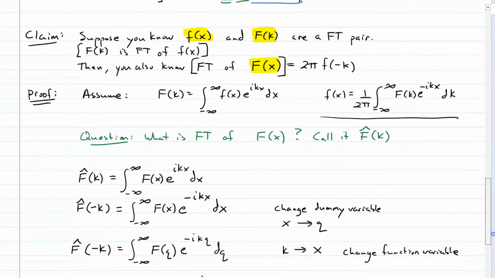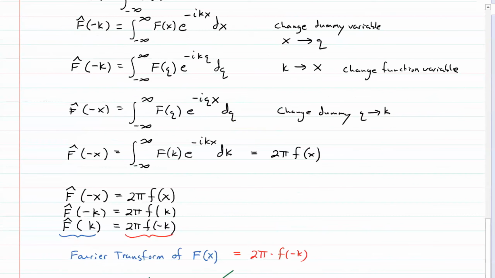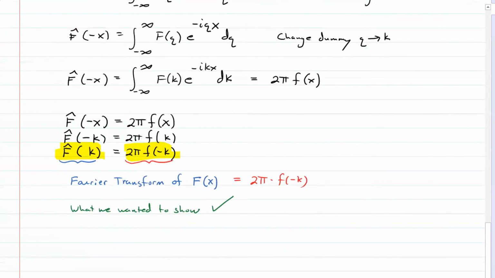The Fourier transform of capital F of x, here, that's what we called F hat of k, is equal to 2 pi times f of minus k. Okay. So it's kind of a mouthful, but it's actually quite useful. And you can use it to do Fourier transforms very quickly.